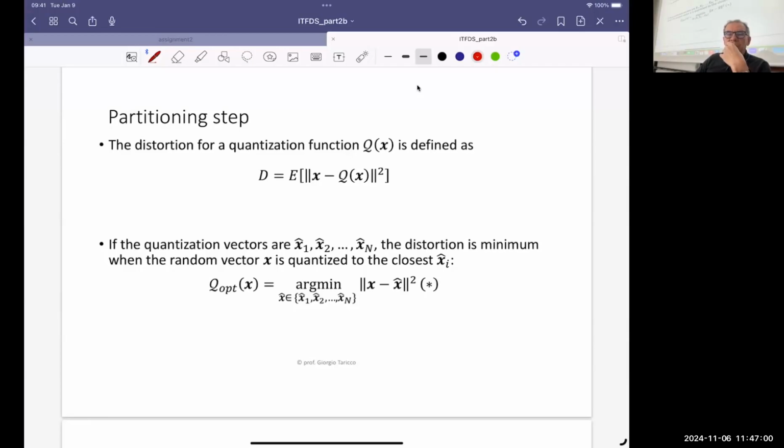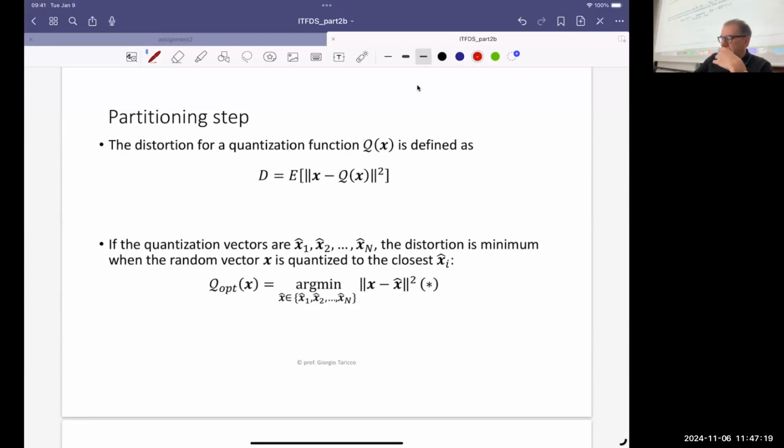This function applies to the vector x and produces for the vector x a number of possible quantization points.